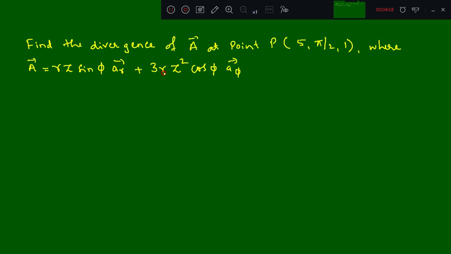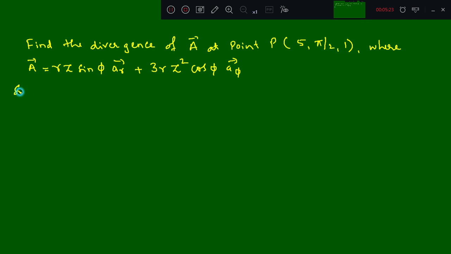When you look at this, what is it? It is the cylindrical coordinate system because we have the r component and phi component. If we had any theta value, that would go to spherical. So this is cylindrical.